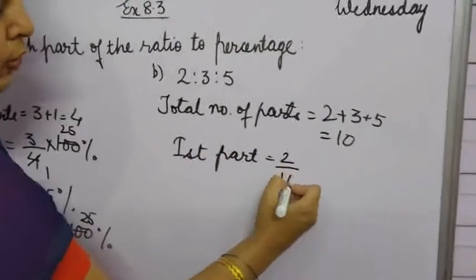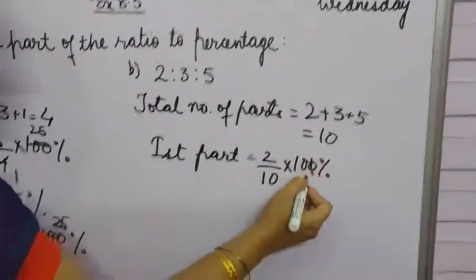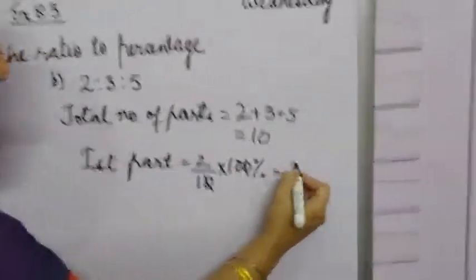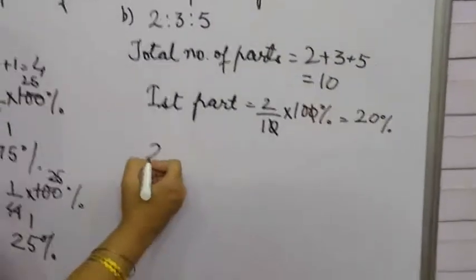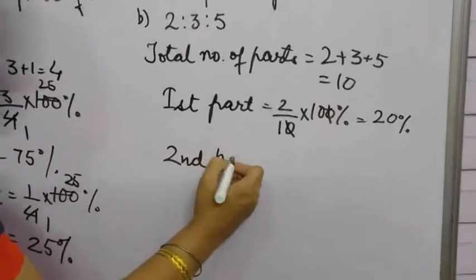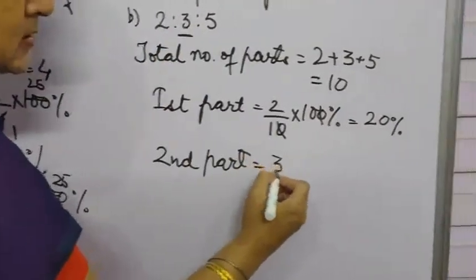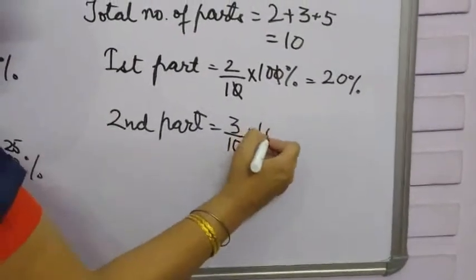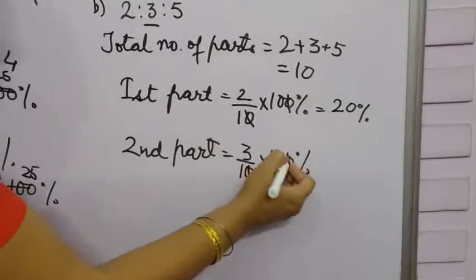So first part, 2 out of 10 multiplied by 100%. Let us divide by 10. So it is 20%. Now the second ratio was 3. That means 3 out of 10 multiplied by 100%. Again divide by 10.